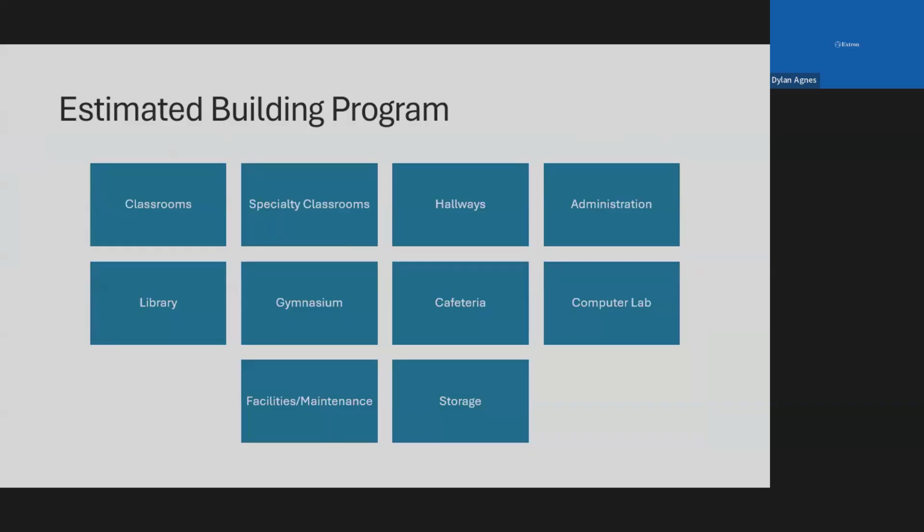And so, estimated building program. Like I said, it would be ideal if you start this in the pre-design to design process, figuring out what your allowance is and how you're going to be spending it.